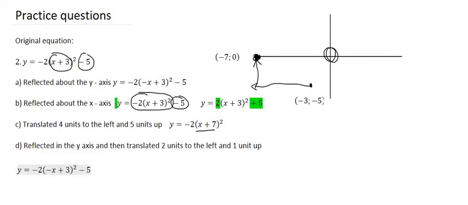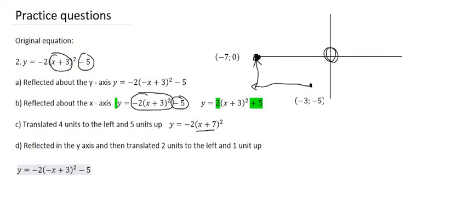As you can see, the equation from number 2a, where we did the reflection about the y-axis, has been presented. Now we are going to take that and translate it 2 units to the left and 1 unit up. So this one's a little bit weird because in the bracket we have a minus x already, but that's okay.